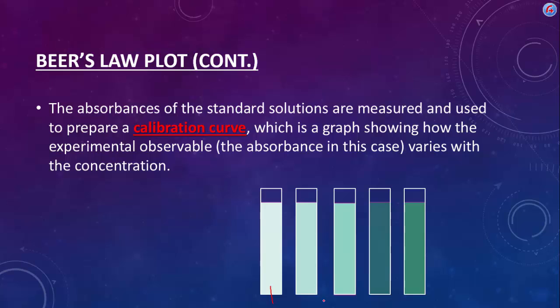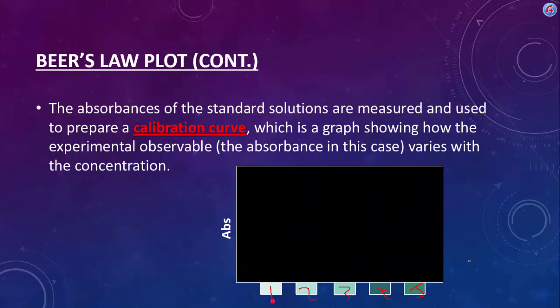So again, this was 1 molar, 2 molar, 3, 4, 5 molar that we made perhaps. And then we're going to measure their absorbances, and their absorbances are this, this, this, and this. So their absorbances went up, up, up, up, and up. And then once you have them plotted, you can put a straight line on that, a best fit line, if you will.